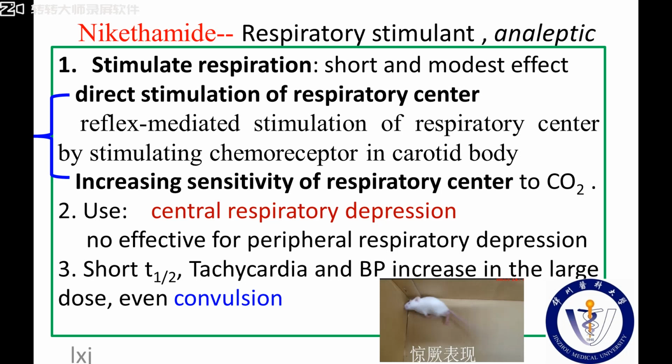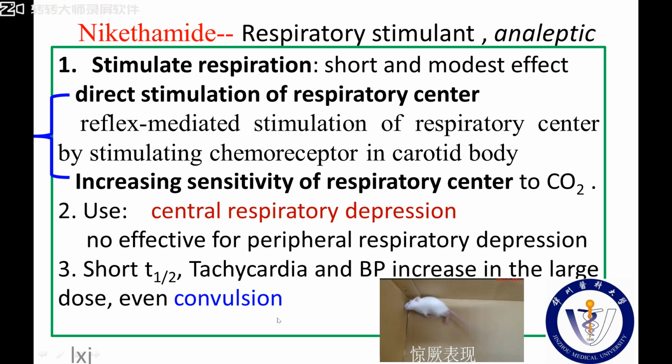When it is used in large dose, nicotinamide cannot only stimulate the respiratory center, it also can stimulate the whole cerebral cortex, the whole CNS. In that condition, maybe it will lead to some toxic effect, like convulsion, even death.